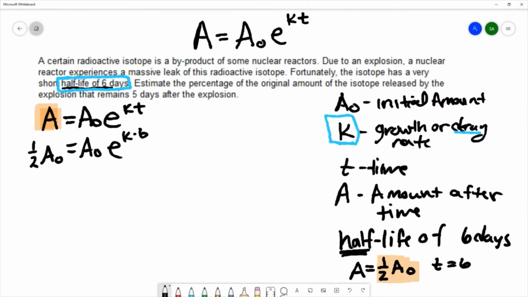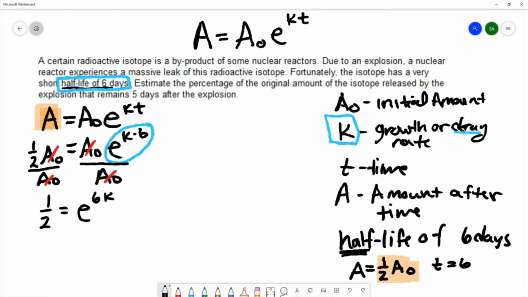So we're going to be able to solve this exponential equation by isolating the exponential portion. We would divide both sides by A naught. That cancels out the A naught on both sides. So I have 1/2 equals e to the 6k.